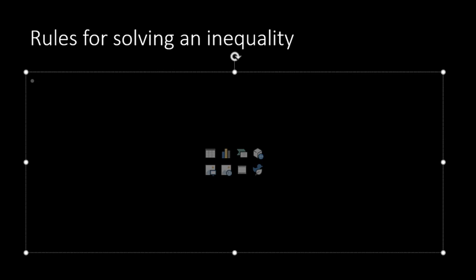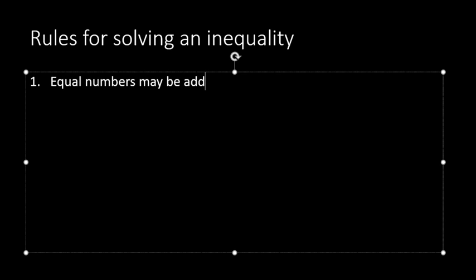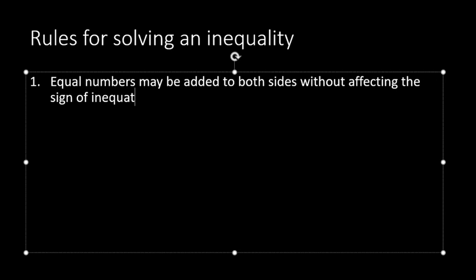Rule number 1: equal numbers may be added to both sides of an inequality, but the condition is without affecting the sign of inequality. Without affecting the sign of inequality.